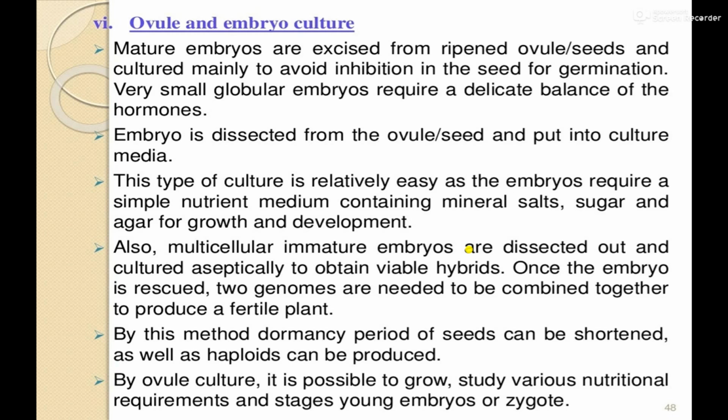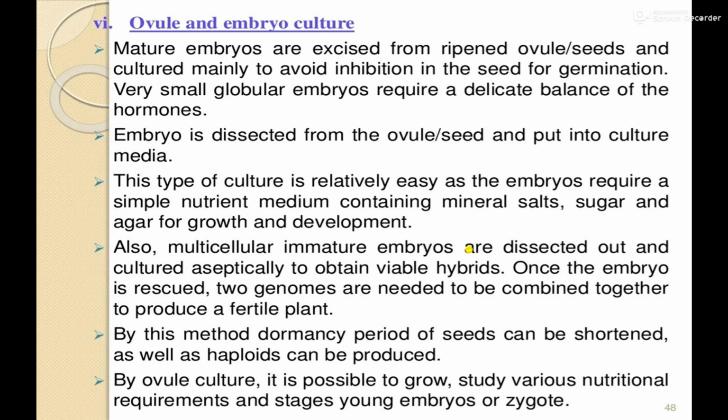Then next that is ovule and embryo culture. In that, mature embryos are excised from ripened ovule seeds and cultured mainly to avoid inhibition in the seed for germination. Very small globular embryos require a delicate balance of the hormones.